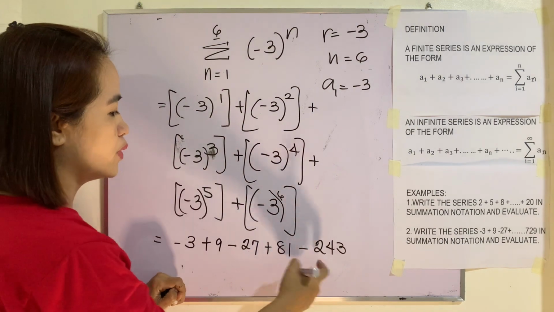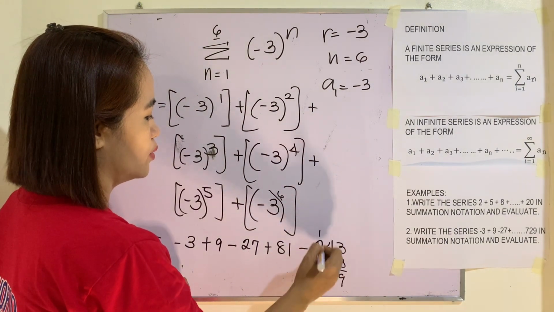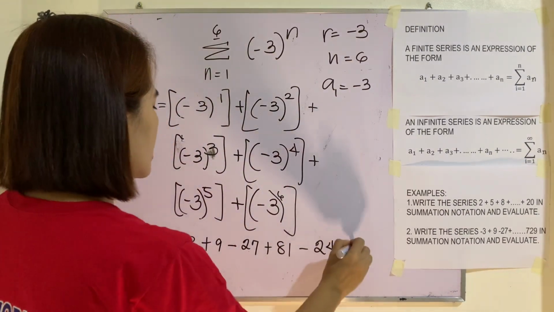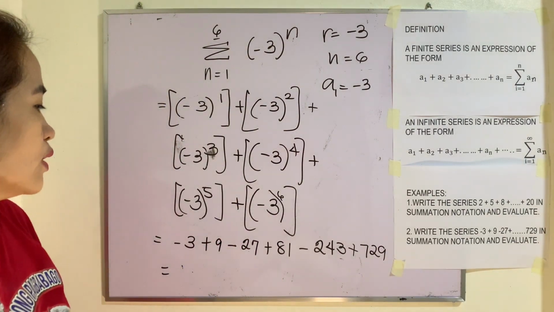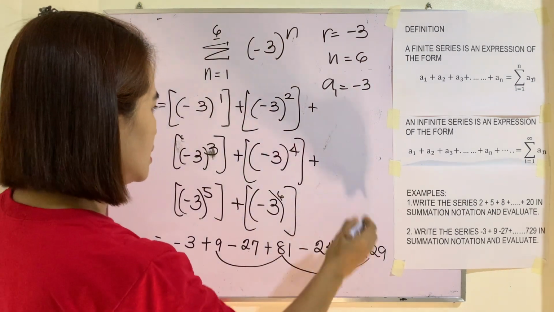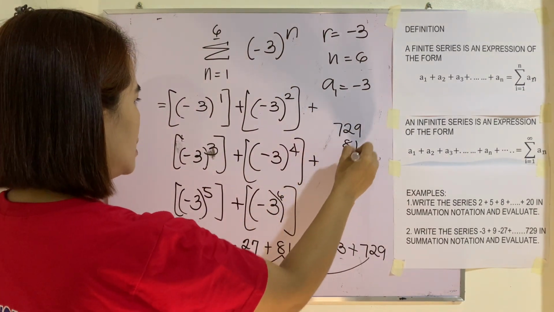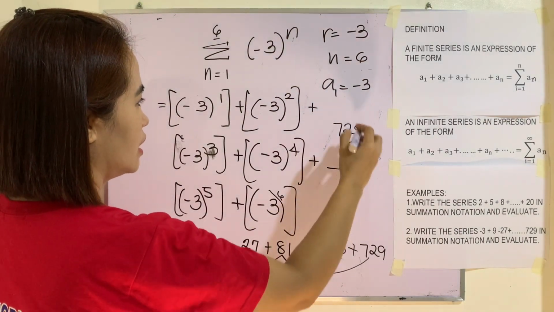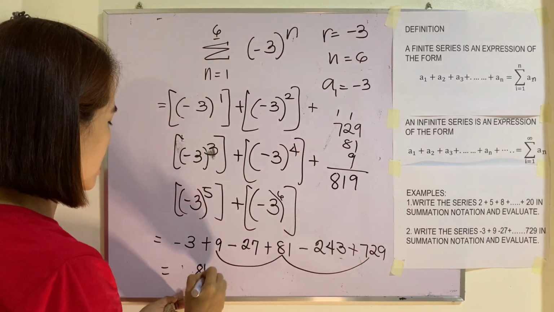And 243 times negative 3 is 729. So you have to add all the positives: 729 plus 81 plus 9, that is 819.